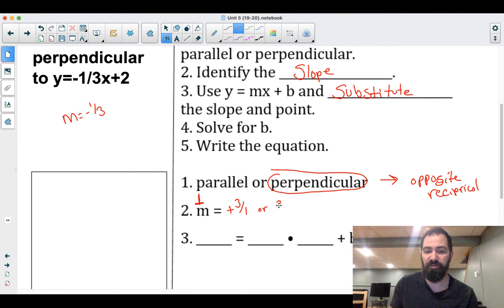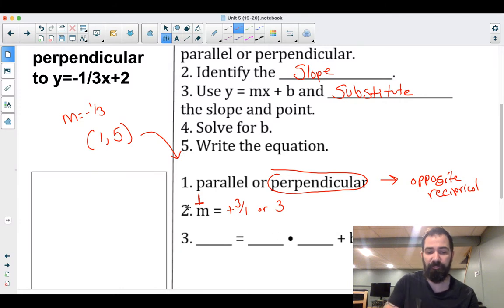Or if you wanted to, you could just write 3. Okay? We want this to go through the point 1, 5. We want our new equation to go through the point 1, 5.